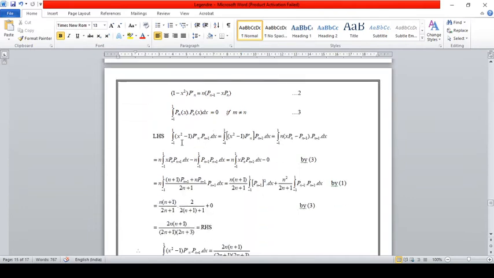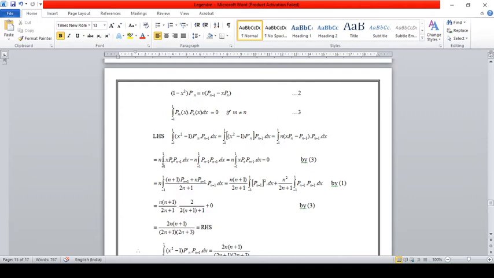This is the integration of (x square minus 1) P dash n Pn plus 1 dx is equal to, substitute the value of P dash n from the second equation, 1 minus x square, with the sign changed, so minus this n x Pn minus Pn minus 1, multiplied by Pn plus 1 dx. From equation 2 we substitute the value.